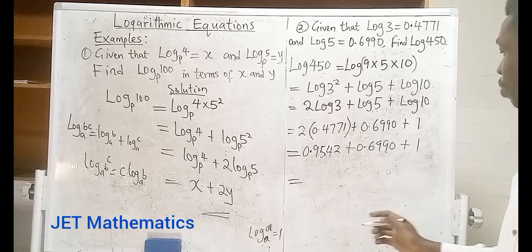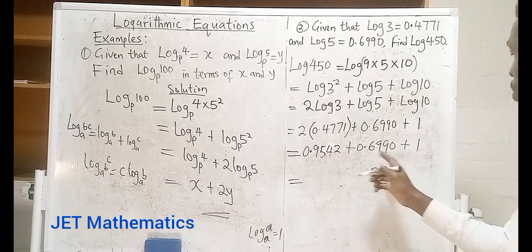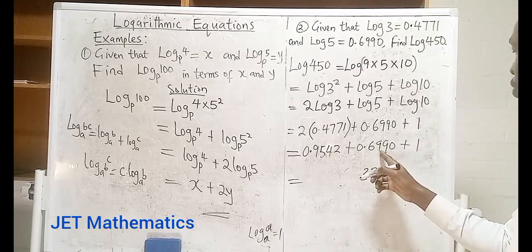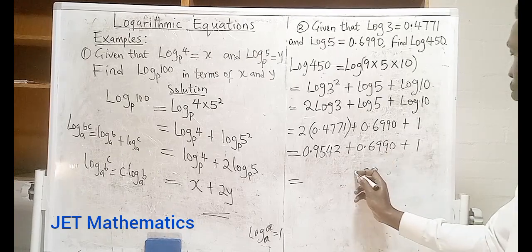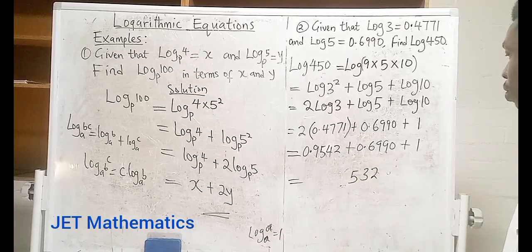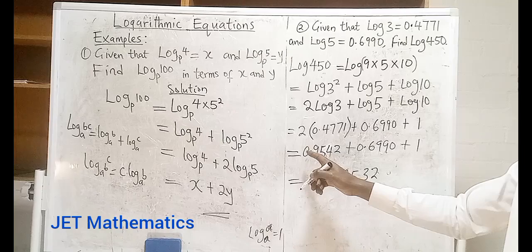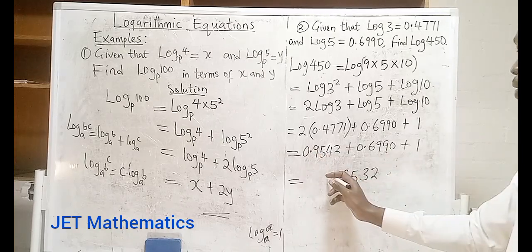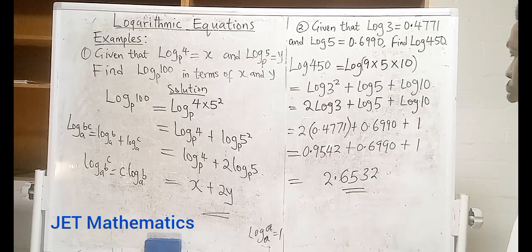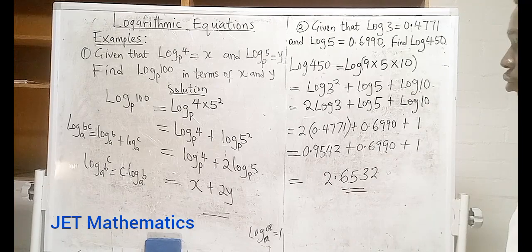So adding these, we finally have 2.6532. You can punch this in your calculator and get that result.